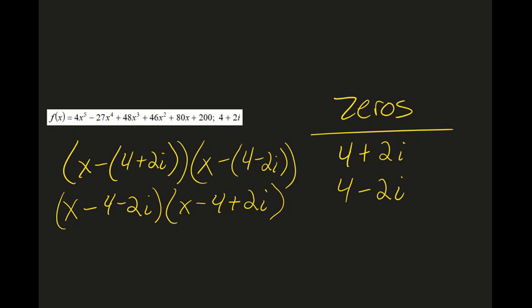So when you multiply these together, just do it piece by piece. Let's just multiply the x by every term. So x times x is x squared. x times negative 4 is minus 4x. And then plus 2ix. Then we go through, take the negative 4, multiply it by each of our terms. So we'll have minus 4x plus 16 minus 8i.